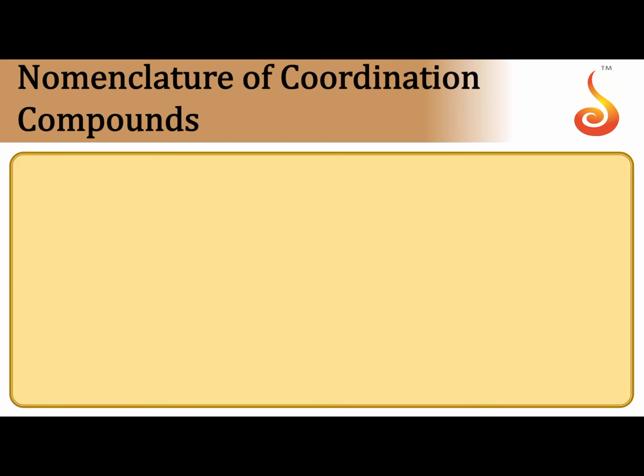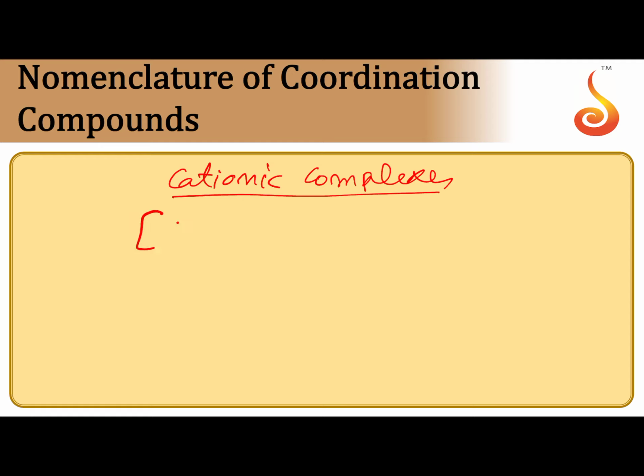So coming to the nomenclature, naming of the cationic complexes. In a cationic complex, the coordination entity has positive charge and counter anions are present.